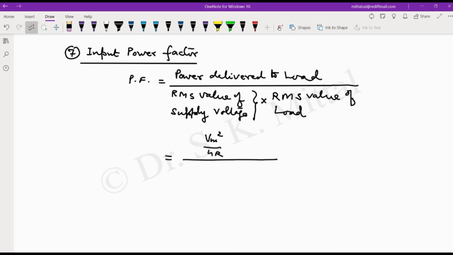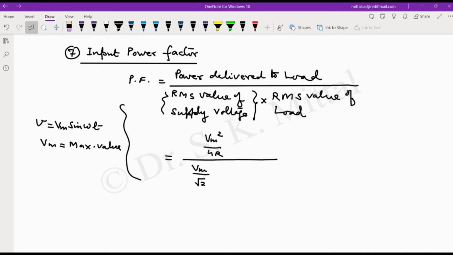Since supply voltage to the rectifier is represented by V equal to Vm sin omega t, where Vm is the maximum value, the RMS value of supply voltage for the denominator will be Vm divided by root 2.